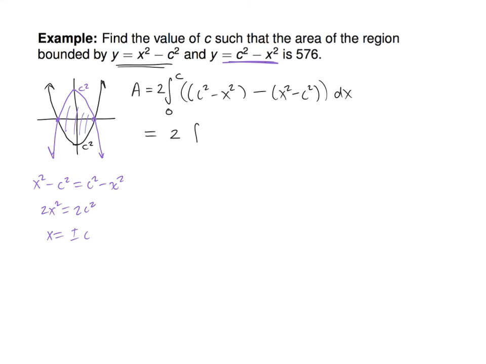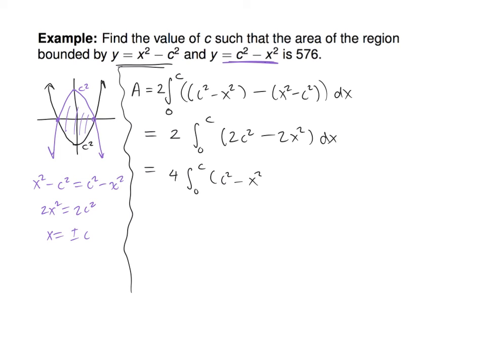It's 2 times 2c squared minus 2x squared dx. And then let's take out that 2 and say 4 integral 0 to c, c squared minus x squared dx.